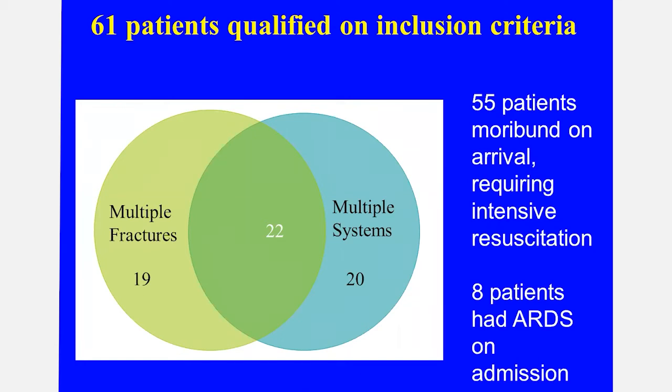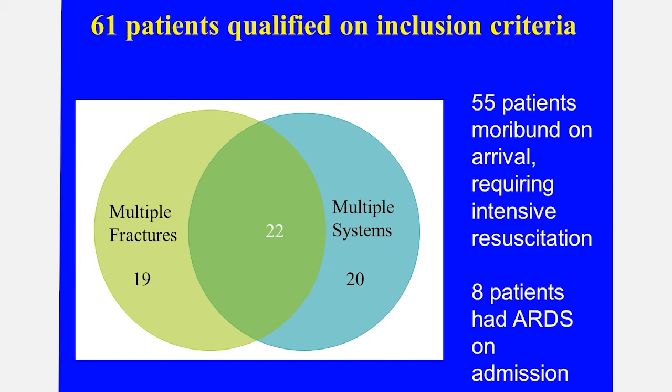Now, 19 of them had only multiple fractures all over the body. 20 of them had different systems involved, and 22 of them had both. They had both multiple fractures and they had multiple system involvement.